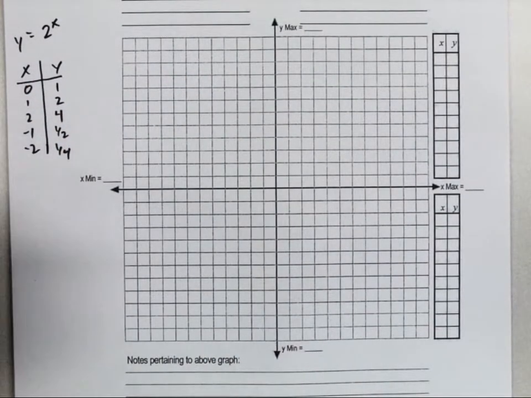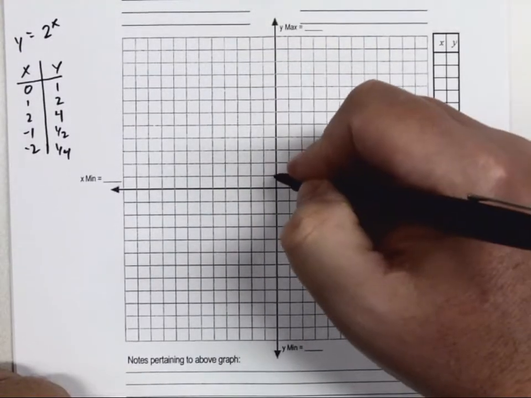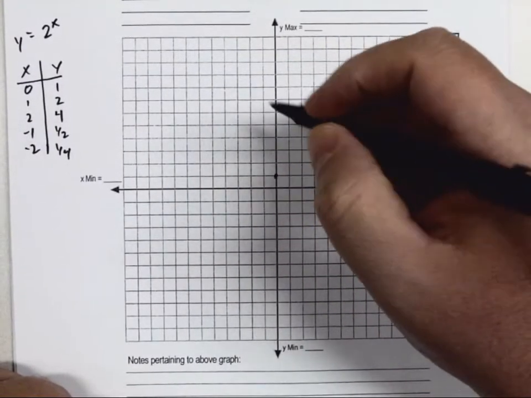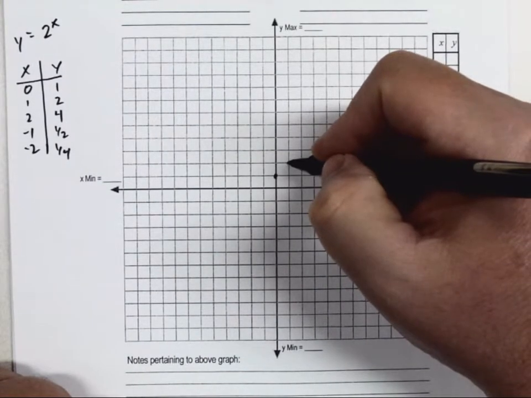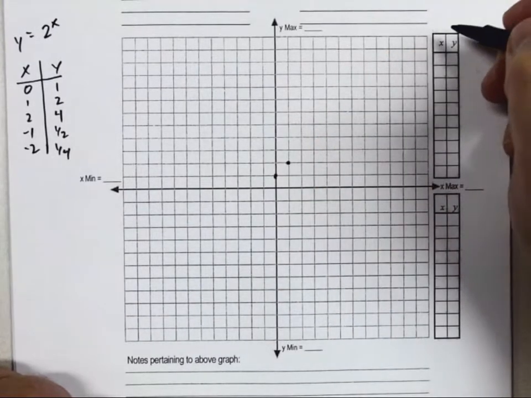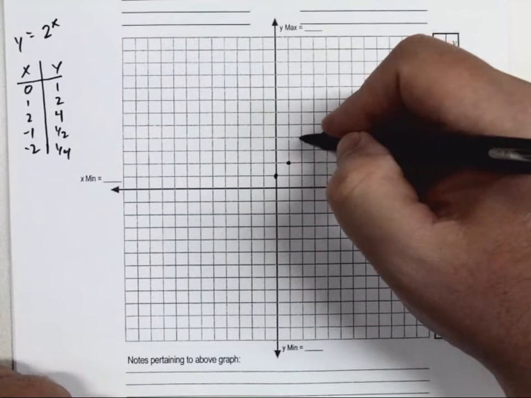Now let me graph these 5 points, and then we'll see if that's enough points to sort of see what this graph might look like. So x is 0, y is 1. X is 1, y is 2. X is 2, y is 4.